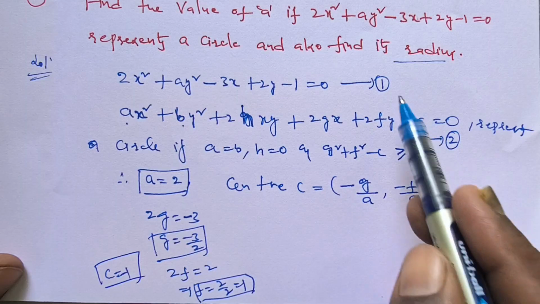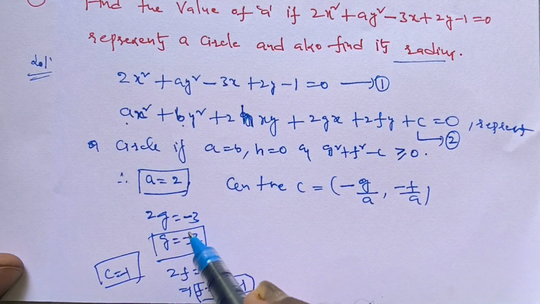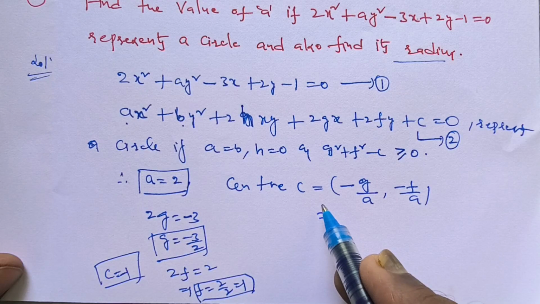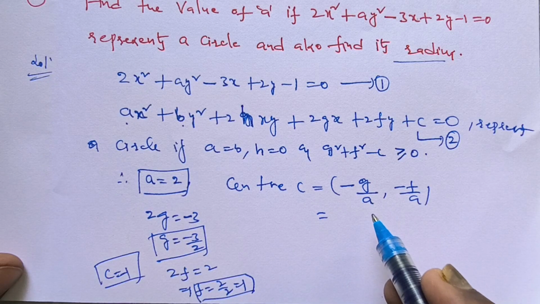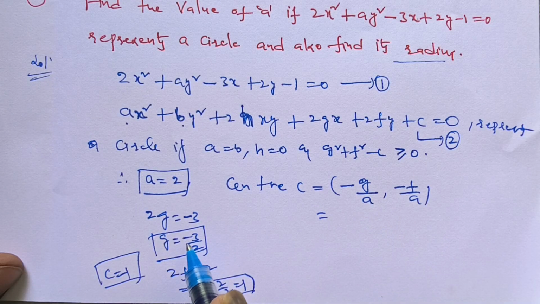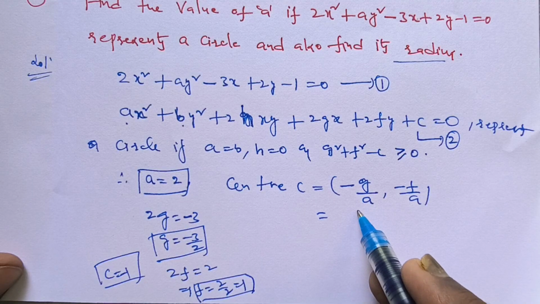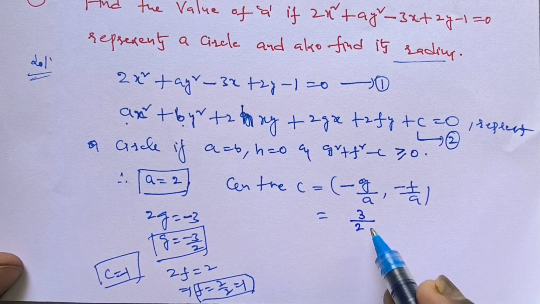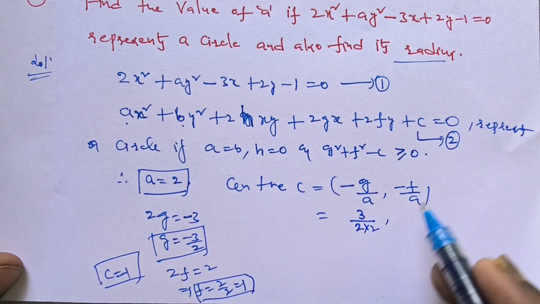C equals to minus 1. By comparing these two equations, we get these values. So now the center value is minus g by a, minus into minus plus. So g means 3 by 2, a means here 2, so 2 into 2. Minus f by a.